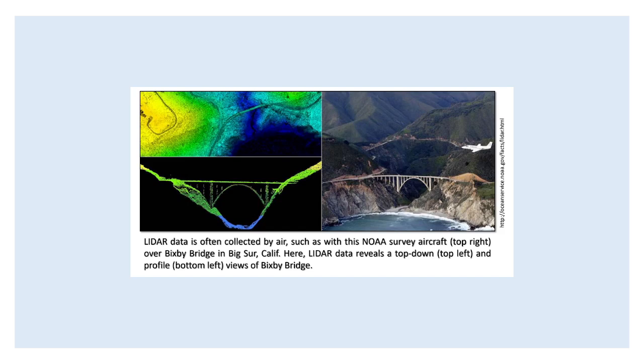So here we have LIDAR data collected by air. This is by a NOAA survey aircraft over the Bixby Bridge in California. Here LIDAR data reveals a top-down and profile views of Bixby Bridge.